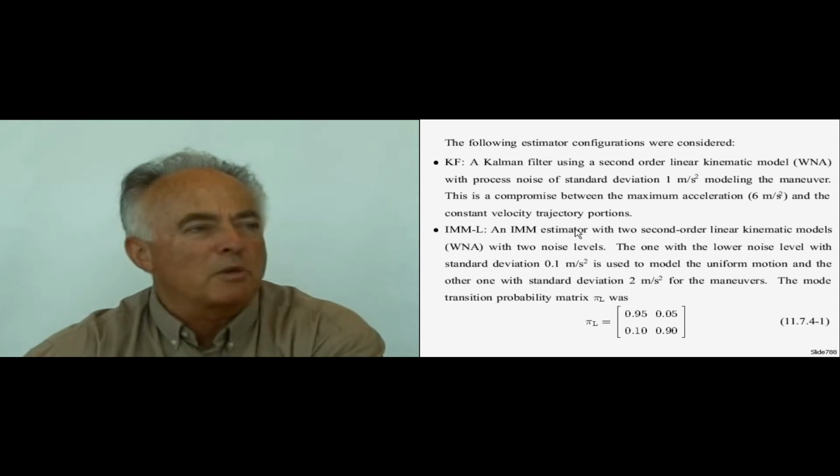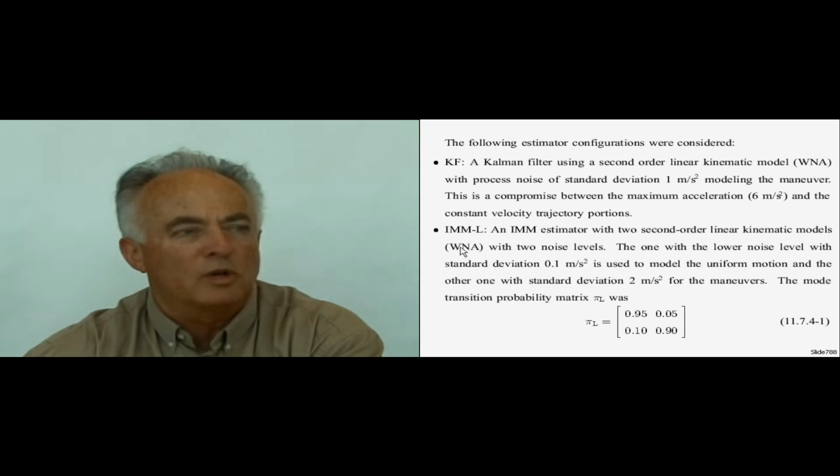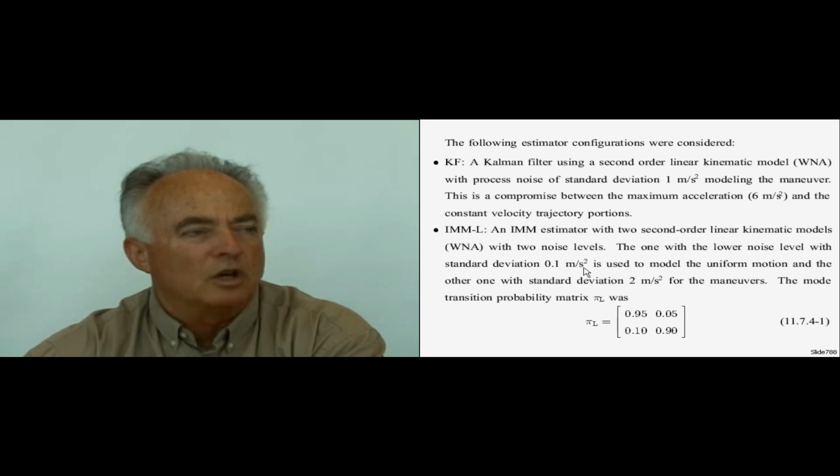Next one is IMM-L. It's an IMM with two linear models, both second order, white noise acceleration with low and high noise. The low noise level had a standard deviation of 0.1 meter per second square. The other one had 2 meters per second square. And the transition probability matrix was 0.95.